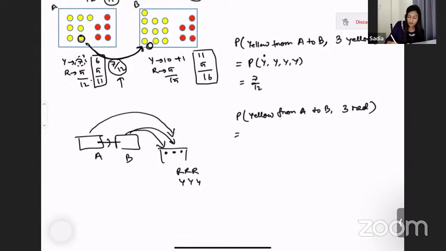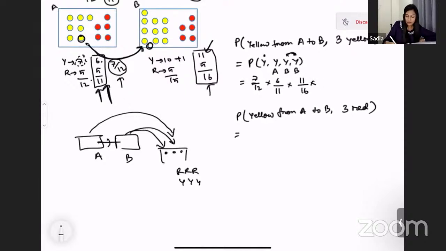And for the 3 marbles, first you need to pick from A, and then the 2 marbles are selected from B. So when you are selecting yellow from A, number of yellow is actually 6 divided by the new count, 11. For the second bag, number of yellow is 11 divided by 16.